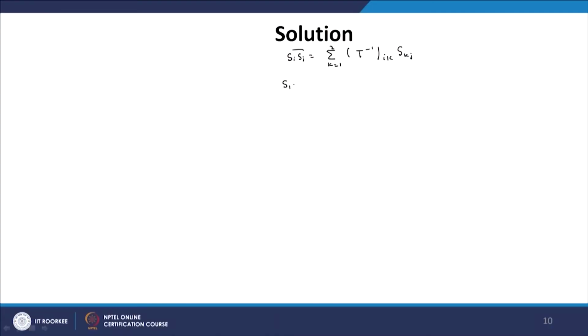From this rule, the total exchange area S1 S1 is equal to T11 inverse S11, where T11 inverse is the first row, first column element of the T inverse matrix, and S11 is the first element of the S matrix, plus T12 S21. This will be simply equal to 1 by T magnitude, rho 2 by epsilon 2 A1 by A2 times A1 epsilon 1.